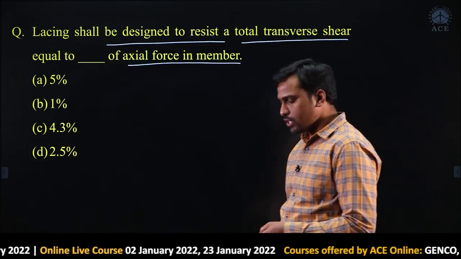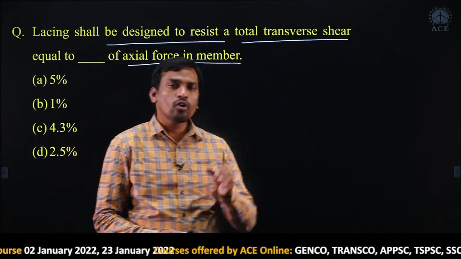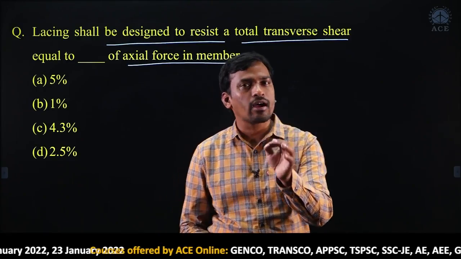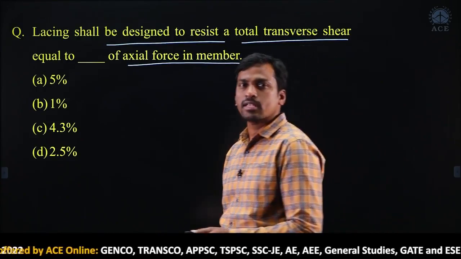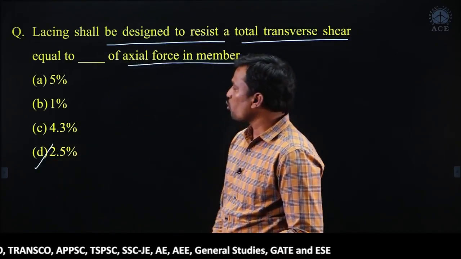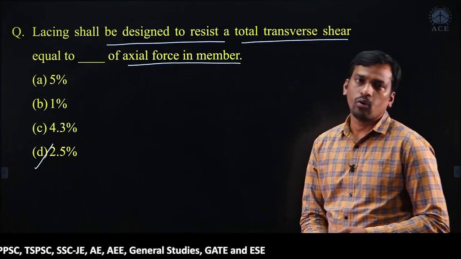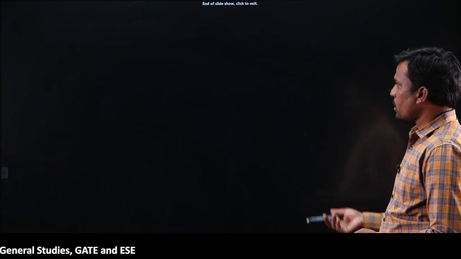Lacings are designed for a transverse shear force of 2.5% of column load. This is the codal provision, so option D is correct, 2.5% of column load. These are the questions asked in the recent MPSC 2021 exam.